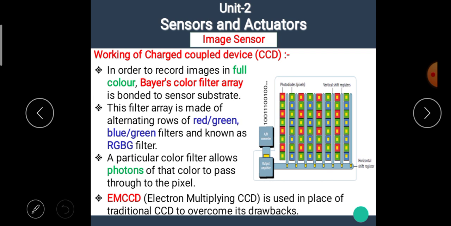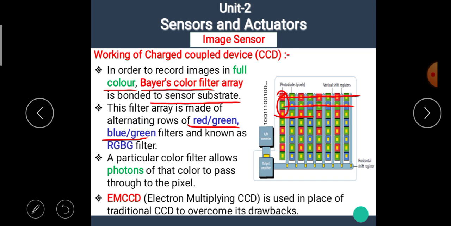In order to record images in full color, a Bayer color filter array is bonded to the sensor substrate. This filter array is made up of alternating rows of red green and blue green filters. That means this row is made up of red green, and this row is made up of green blue.